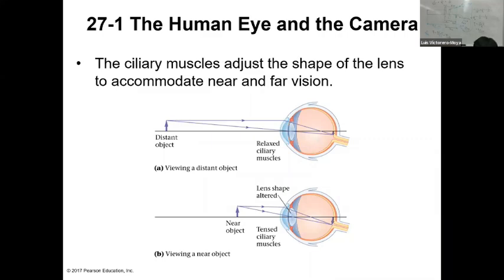So there are two cases, right? Remember that we've been talking about lenses, and depending on the position of the object, you can have different sizes of images and different positions. So depending on how your muscles react, depending on how old you are, you can observe distant objects and near objects by the ciliary muscles either relaxing or being tense, right?